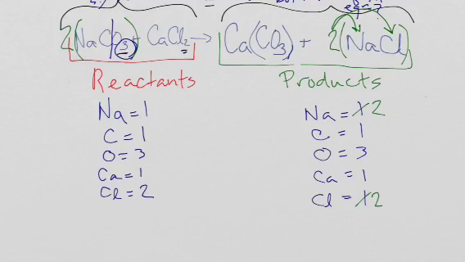Now, having 2 of these means that I've got 2 Nas. I now will have 2 times C, and I will have 2 times O3. So my Nas go up to, notice how I'm not erasing my numbers there. I'm just putting a line. That way I can see my progression. I can see all the changes I've made.